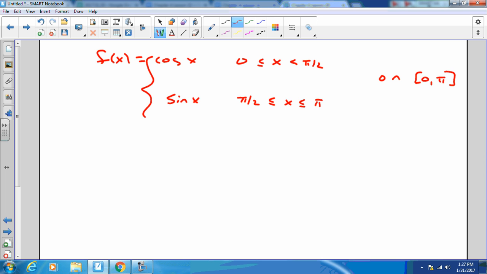Well, let's start with the problem. The problem says, does the mean value theorem apply? And if so, find c. Okay. So let's do a little bit of review. To determine if the mean value theorem applies, what conditions do I need to check?